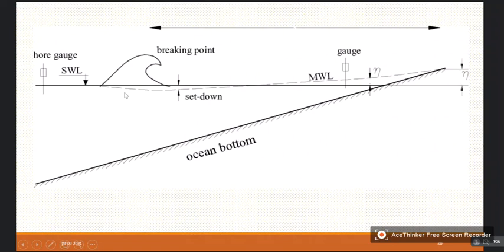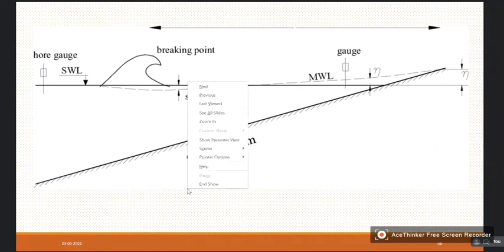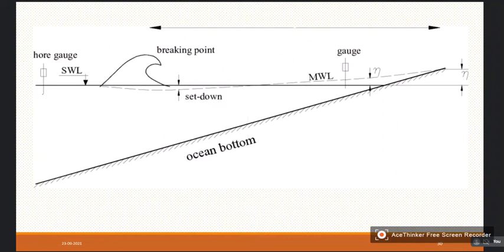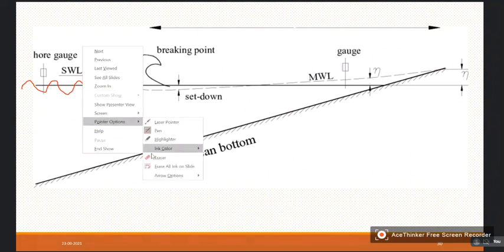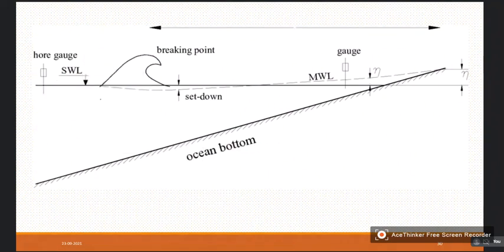Now waves are traveling like this. In deep water, the waves will be symmetric. But when you come to shallow water, the waves will try to break. So this is called the breaking point.